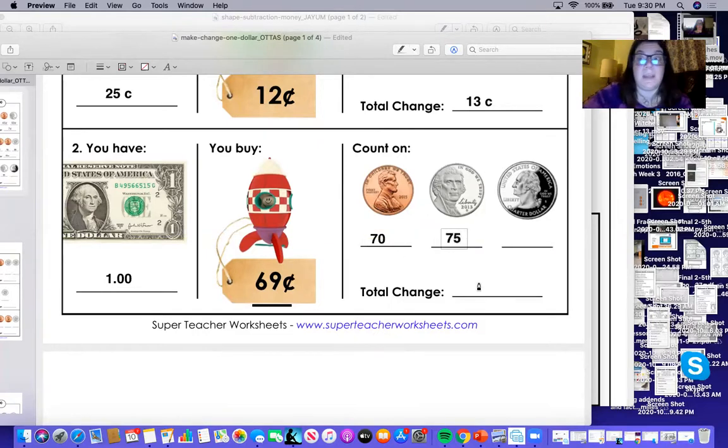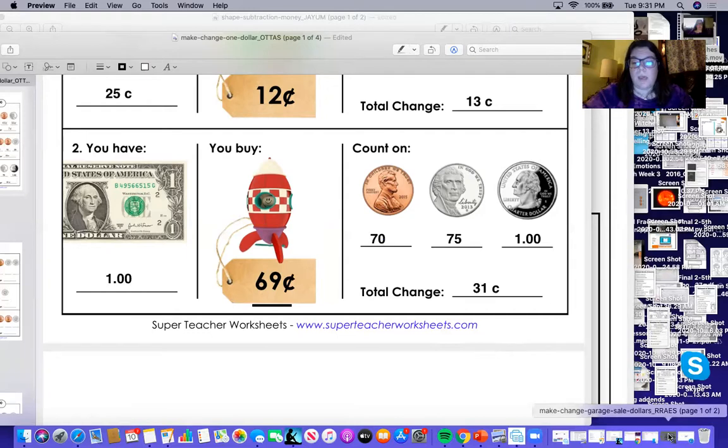And we know that then we can add a quarter. 75 will get us to $1. So altogether we have 25, 30, 31 cents.